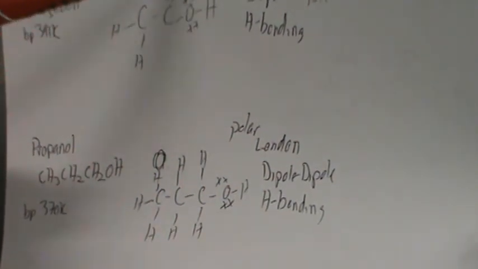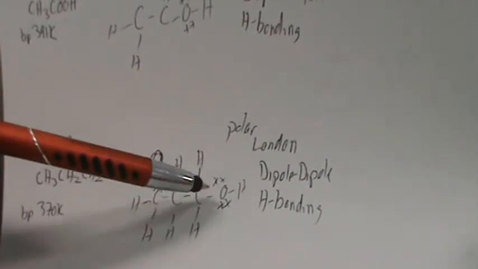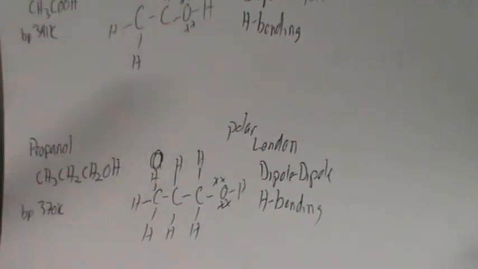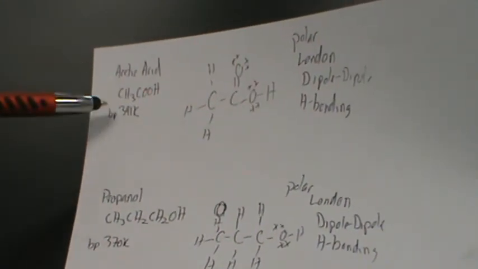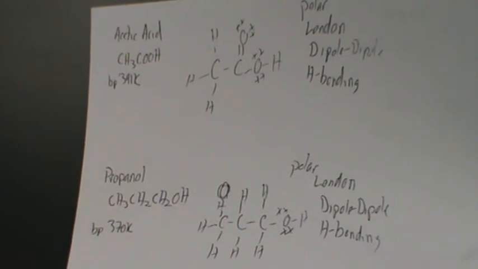The difference is that with the acetic acid, since it has this C double bond O, this oxygen, it has more tendency to have more hydrogen bonding going on than with the propanol, where it just has the one oxygen. So with two points where we can have hydrogen bonding, that's going to cause our boiling point to be higher than where we have only one point of hydrogen bonding to take place.